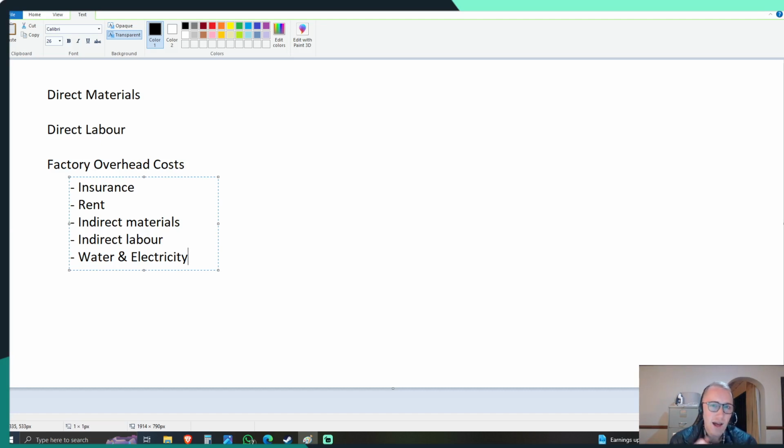But there are other things that require water and electricity, like when the staff have to go and use the bathroom and then they run the taps and flush the toilets, or the lights in the warehouse and the running of the vacuum cleaners and whatever is used in the factory that is not directly for the producing of the good. We cannot say exactly how much water and electricity we are using per good, and per unit being produced, and therefore it is a factory overhead cost.